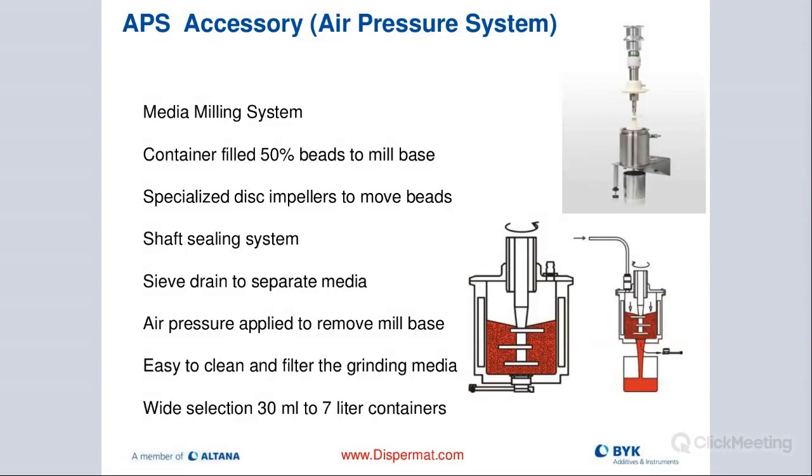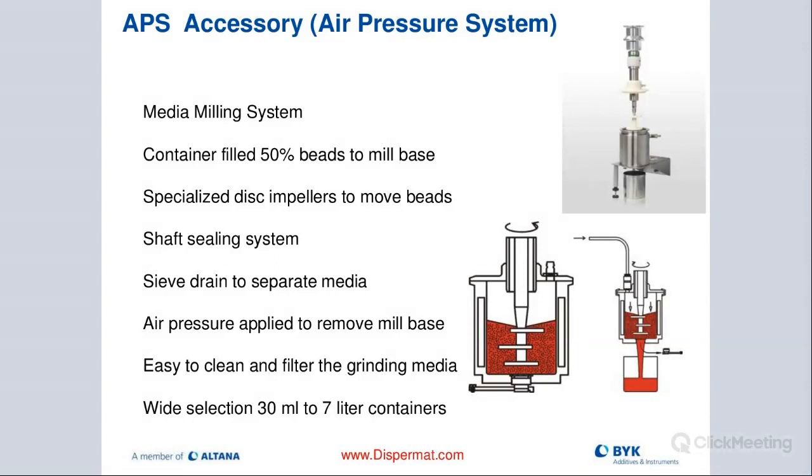So in our container on top, we actually have a screen on the bottom with a drain plug and a lid that goes over it. So I would pre-disperse first. When I'm ready to do milling, I just replace my cowl's blade and put a milling disc on my dissolver. Then I would add my beads, push down my lid, and then I mill in the same container as I did my pre-dispersing.